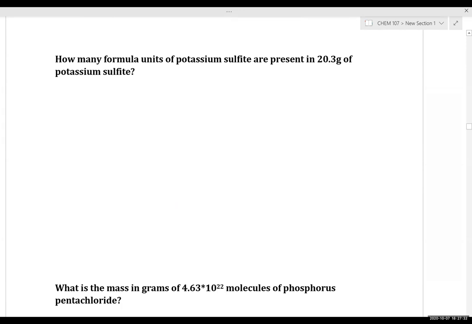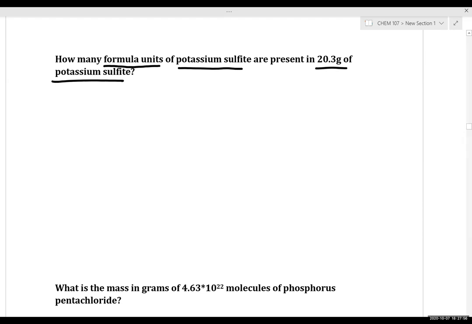So we're given the name of a compound and we're asked to calculate formula units, moles, etc. So let's look at this example. In this case, we're asked to calculate the formula units of potassium sulfite present in 20.3 grams of potassium sulfite.